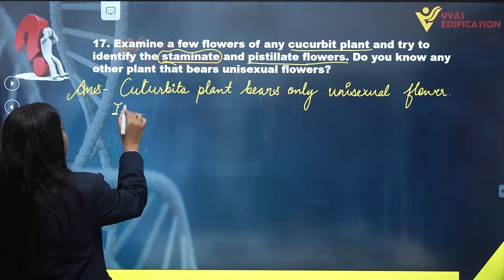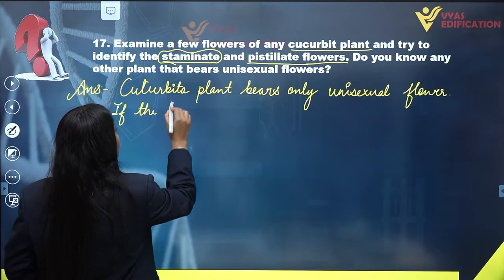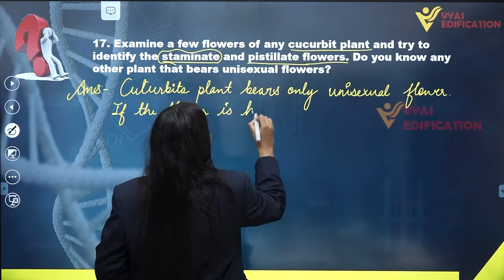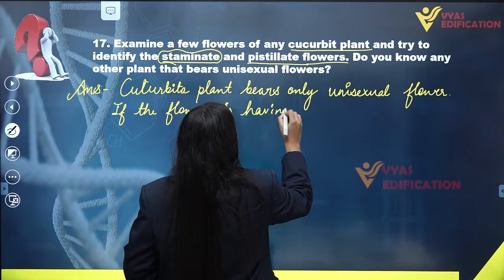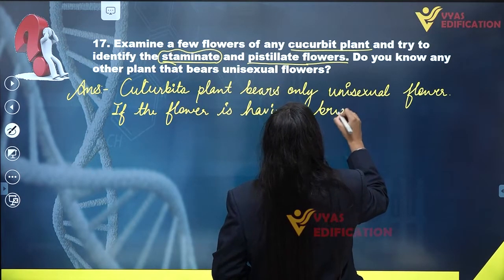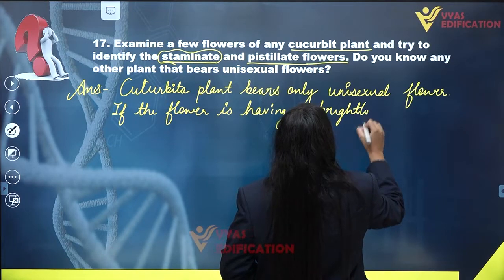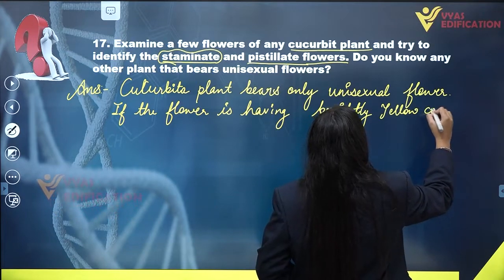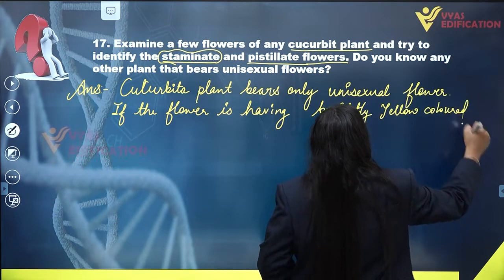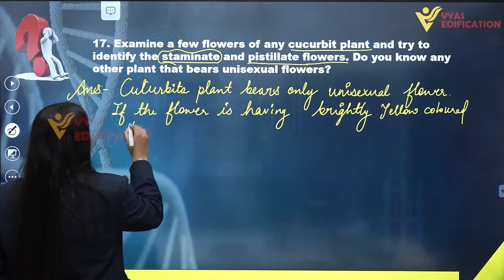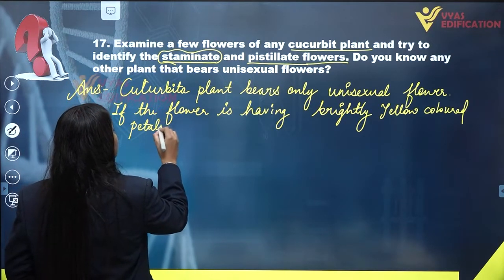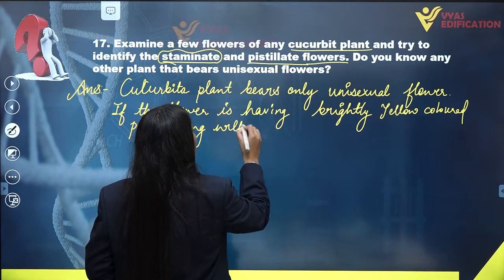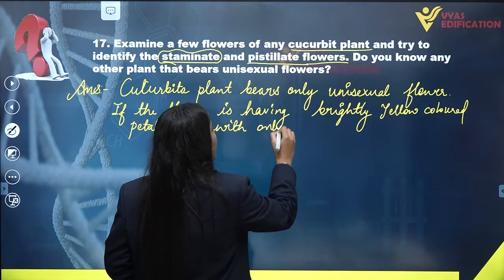If the flower is having brightly yellow colored petals along with only stamen. Why only stamen?